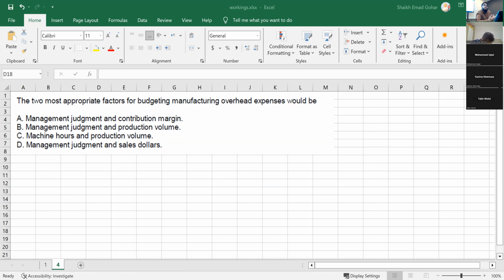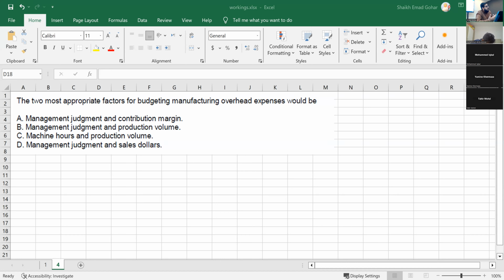And on the other side, definitely management judgment is also involved. I am not sure we discussed anything in which we calculated a rate using contribution margin as a driver, or sales dollars as a driver. No, we need activity.